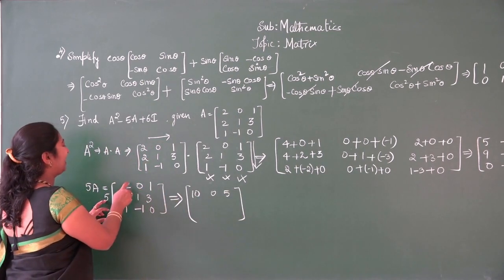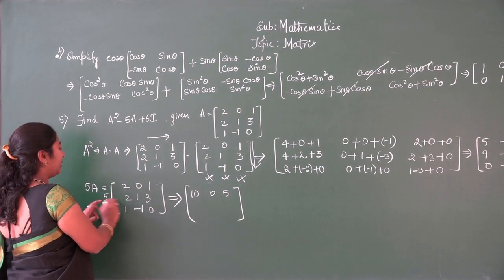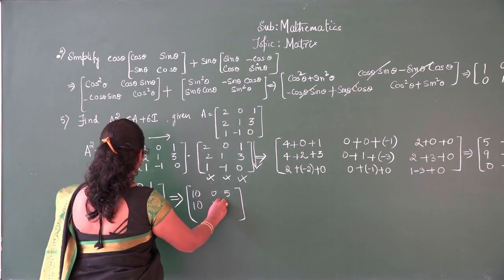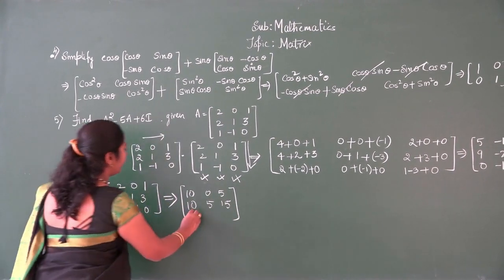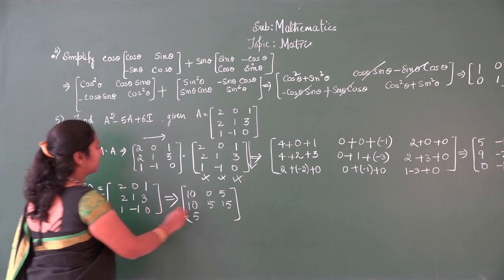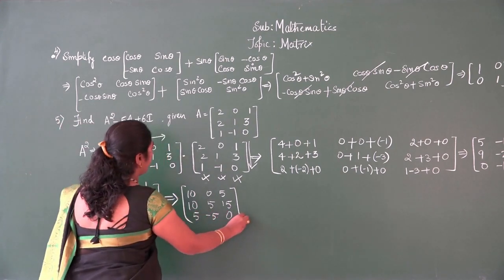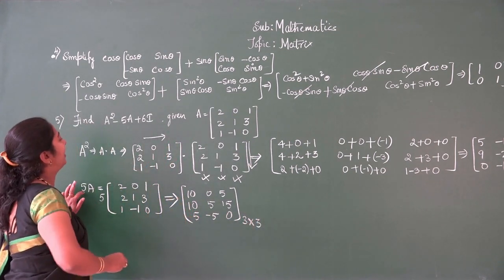You multiply every element of the matrix A with the non-zero scalar. 5 2s are 10, 5 1s are 5, 5 3s are 15, 5 1s are 5, 5 into minus 1 is minus 5, 5 into 0 is 0. This is of order 3 cross 3 and is nothing but 5A.